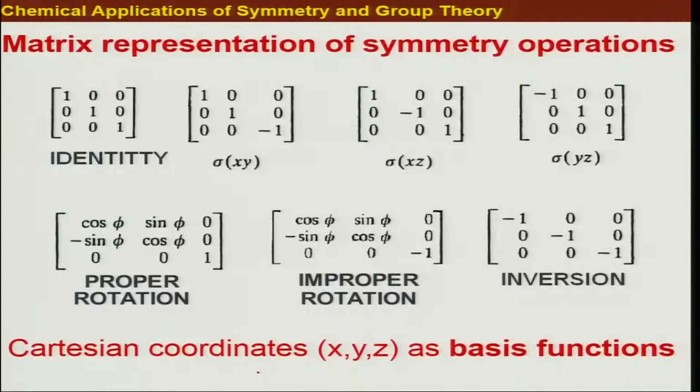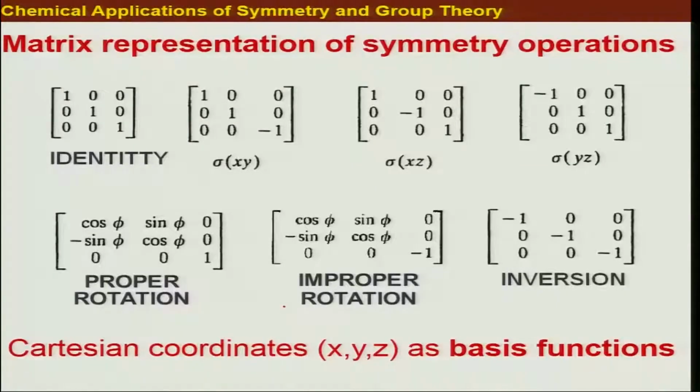In order to form these representations, we chose x, y and z coordinates of the Cartesian coordinate system. So x, y, z acted as the basis set for forming these representations. Okay. So you can look at all these representations that we formed in the last class.